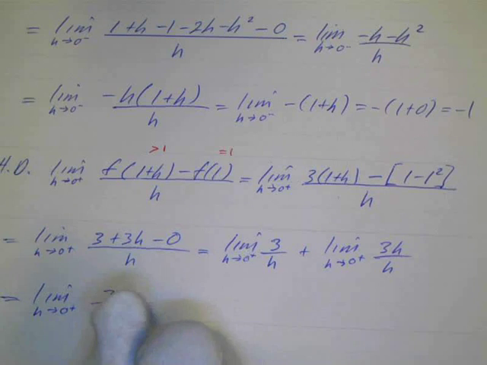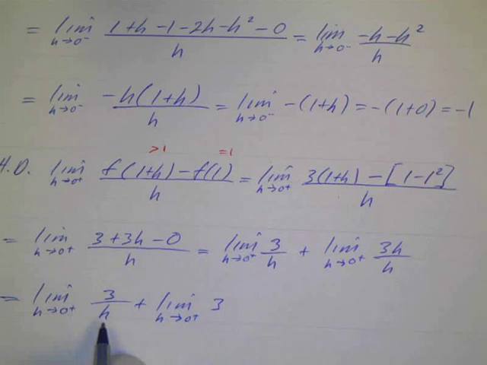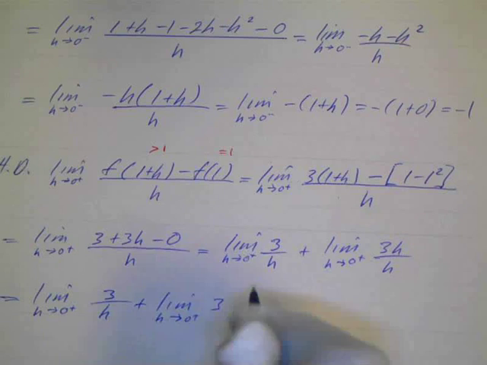Three over h plus the limit as h approaches 0 from the positive direction of 3. Well, that's just going to be 3, so that's no problem. But what's this going to be? As h gets very, very small, we've got 3 over a very, very small number. So this is like an asymptote, so this is going to be approaching infinity.